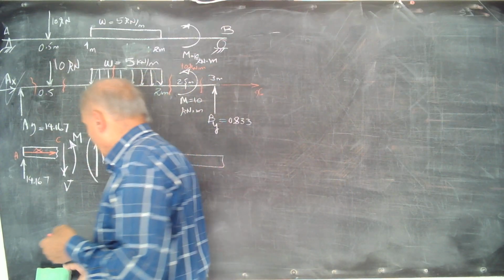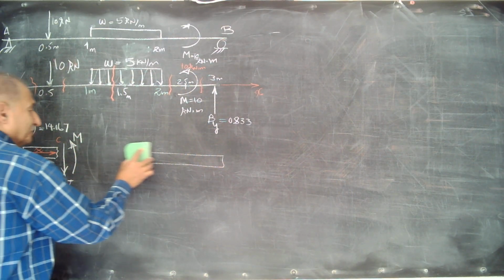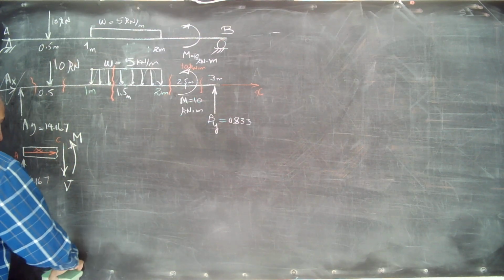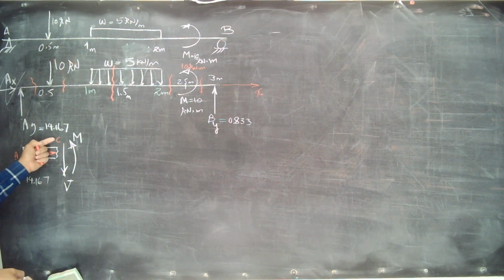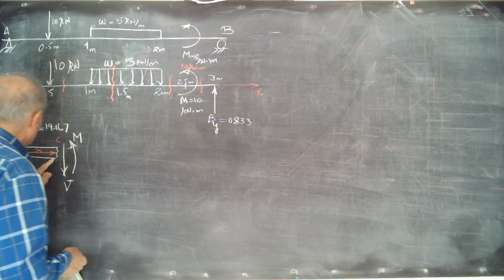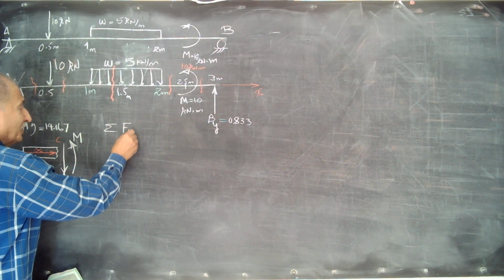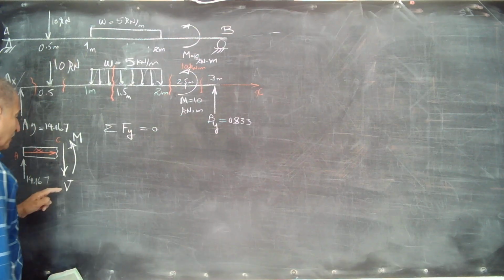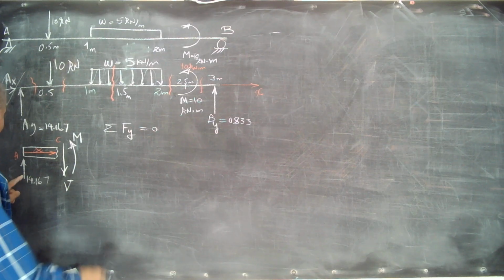Okay? Then we start from the left side. We do not need to consider the right side. Our job is to calculate the amount of V and the amount of M at the cut point C. The first thing that you write, summation of forces in Y direction, because V is in the Y direction. What do we have?